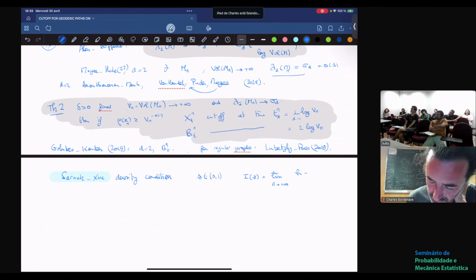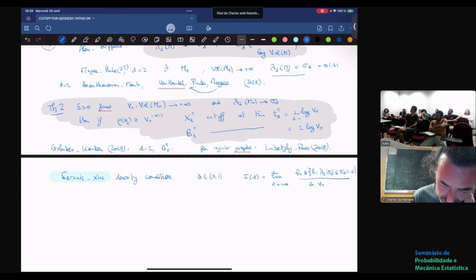So you count the number of eigenvalues of your manifold Mn which are less than sigma d times 1 minus s, and you divide by the log of the volume, which I denoted by Vn. You call that I of S.